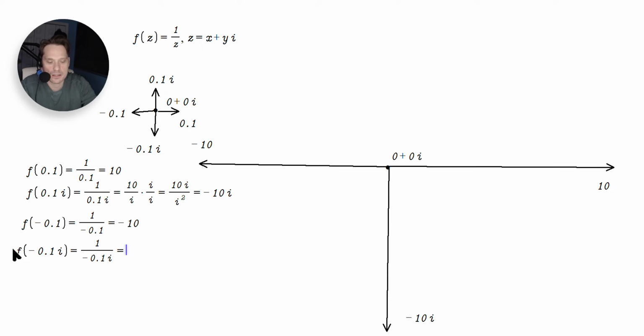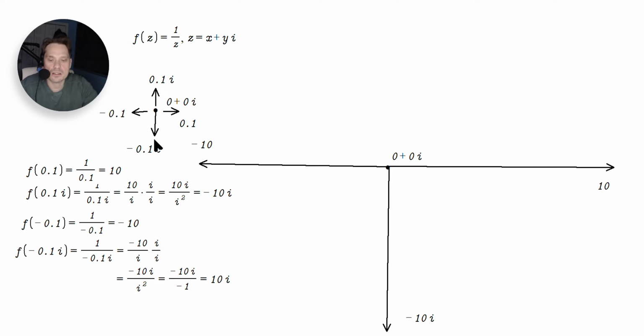That's the numerator. And then it's over i, but then you multiply by i over i and you simplify. Because that's 1, standard procedure. So you're going to have negative 10i divided by i squared. So you're going to end up with negative 10i over negative 1, which is positive 10i.